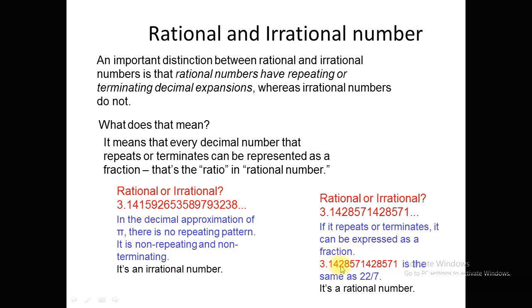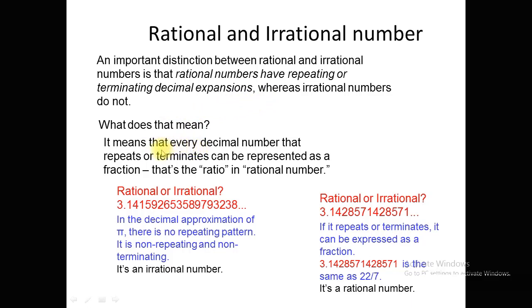Since these digits from 1 to 7, 142857, are repeated, we can write this number as 1.42857 bar. Bar means that these digits are repeated. So this number can be written as 22/7, which is the fraction form of this number. So any number with a repeating decimal expansion is rational, whereas an irrational number does not have one.